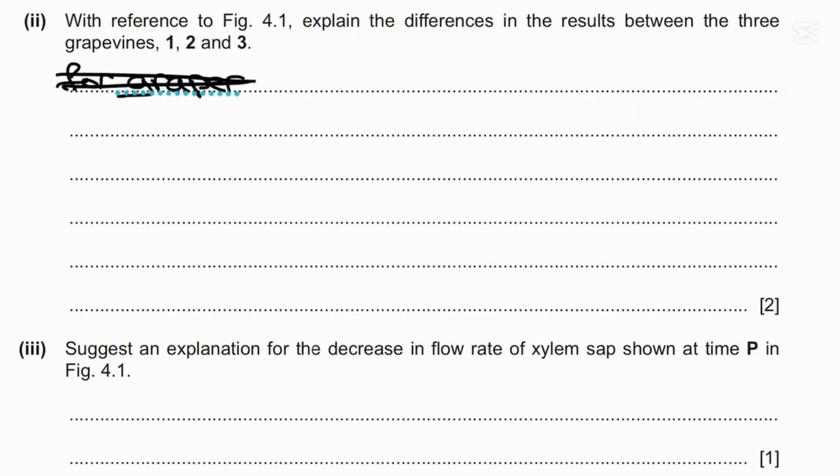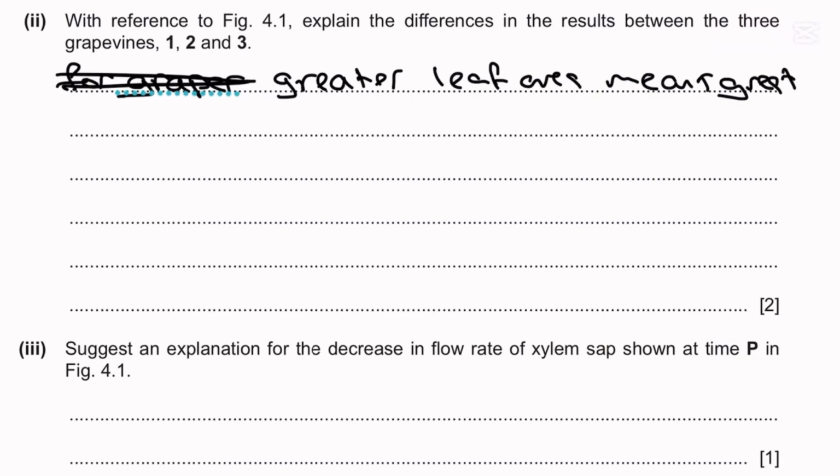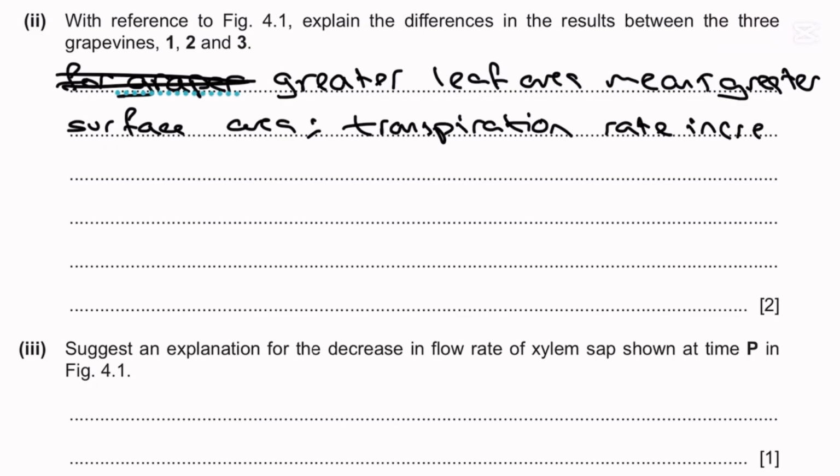Again, you just go ahead and start explaining. You just say here that greater leaf area means greater surface area, which means transpiration rate increases. There's also more stomata, and that also increases transpiration.